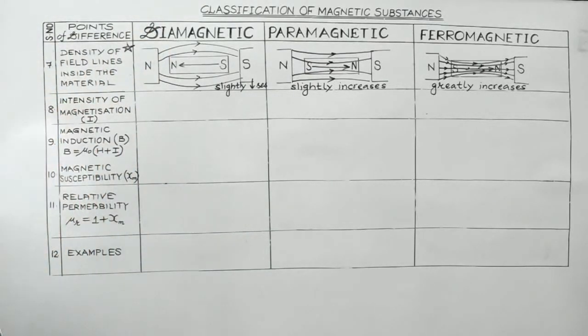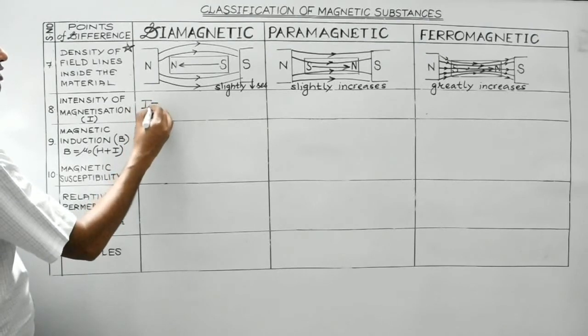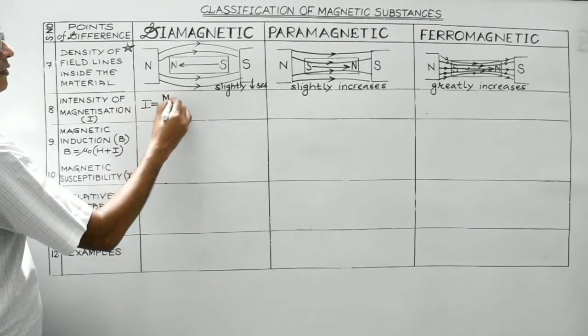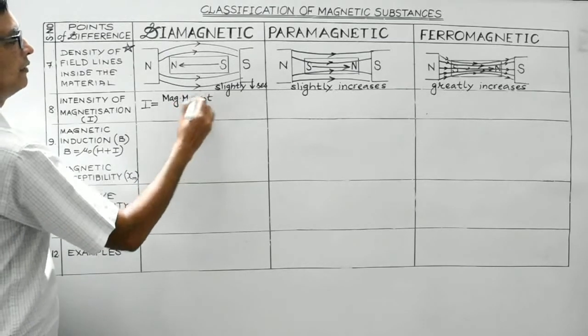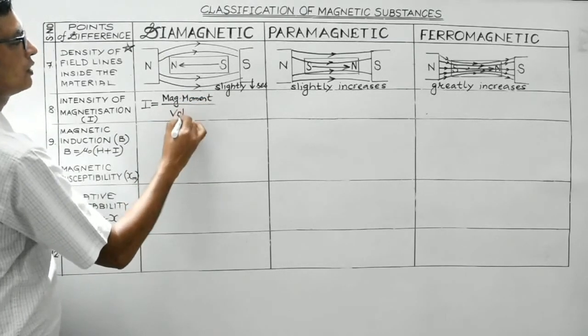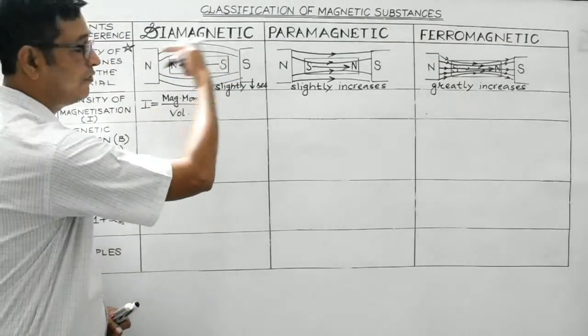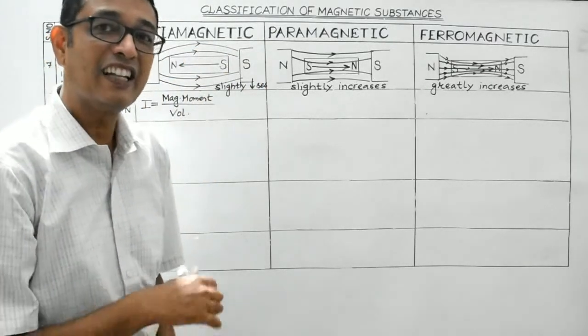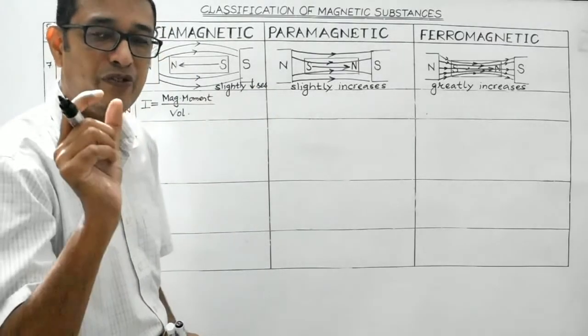Now, let's discuss intensity of magnetization. We know that, students, intensity of magnetization is the magnetic moment developed in the specimen per unit its volume, right? So in this case, it is getting feebly magnetized in a direction opposite to that of the external magnetic field. Feebly, weakly.